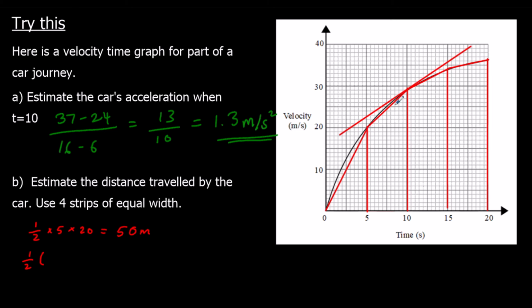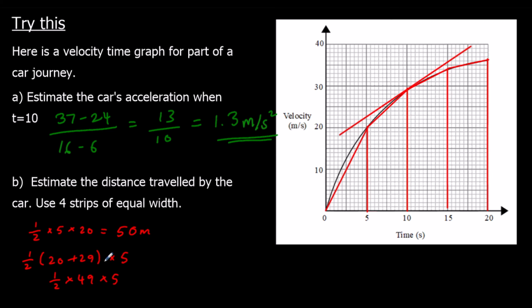So half of 20 plus 29 times the distance between them, which is 5. So 20 and 29 make 49. So half times 49 times 5.